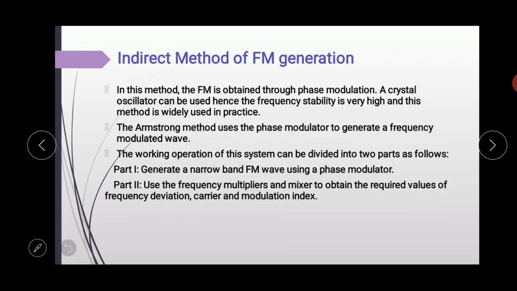Indirect method of FM generation. In direct method of generation of FM, LC oscillators are used. The crystal oscillator cannot be used in this method, and the LC oscillators are not stable enough for the broadcast purpose.